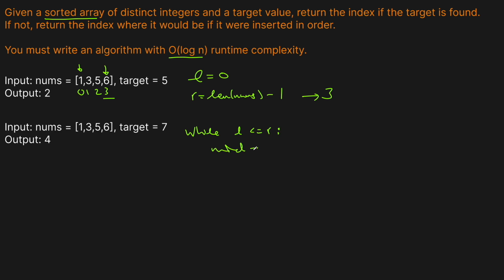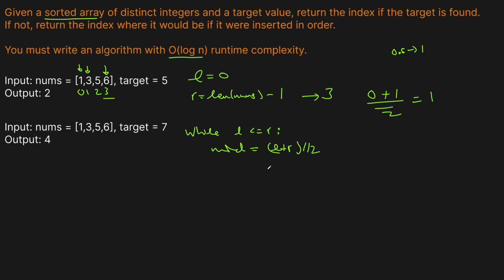So we're going to say mid, and midpoint is always going to be the left plus the right, integer divided by 2. So in this case, 0 plus 1, integer divided by 2 is 1, right? Because 0 plus 1 divided by 2 is 0.5, which rounds up to 1. So we now have that our midpoint is going to be this 3 here.